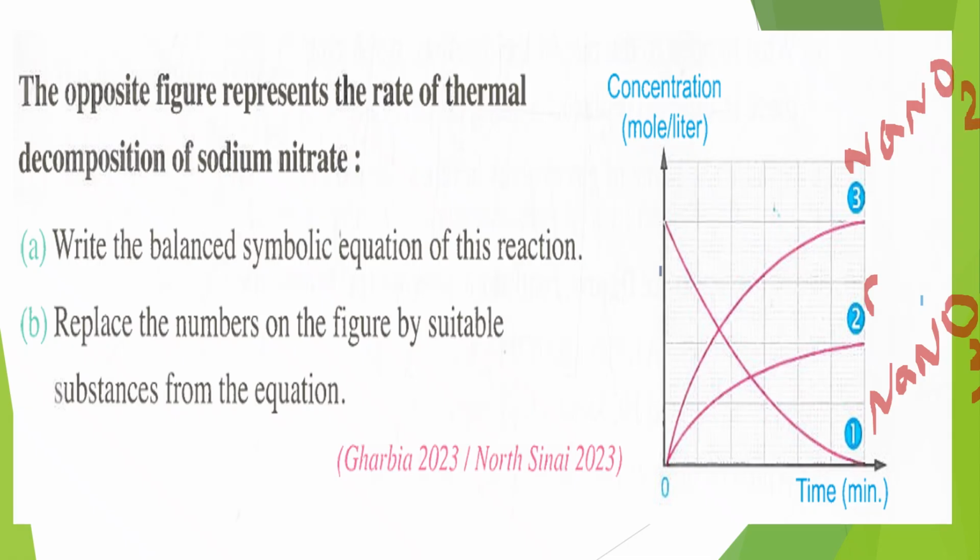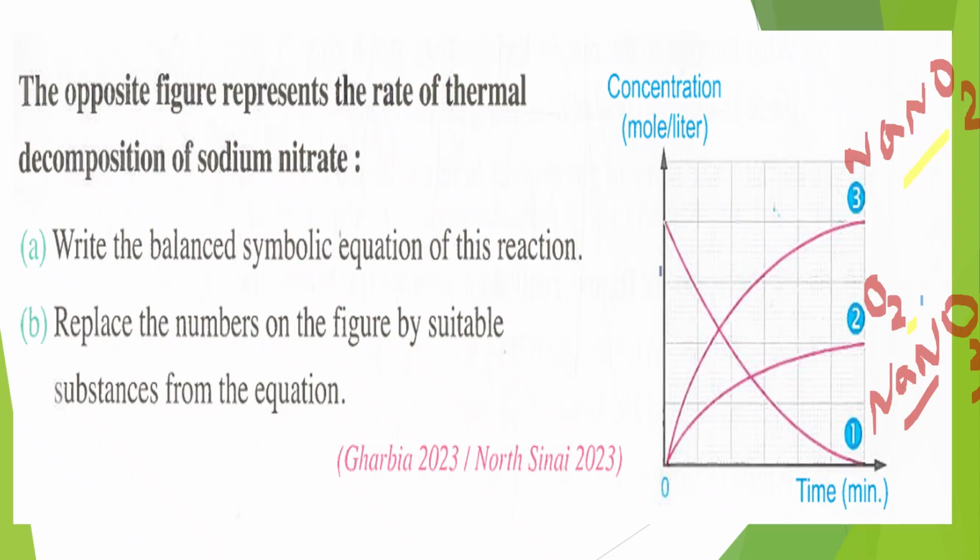Number 2 represents oxygen gas. So number 1 will be sodium nitrate as a reactant. Number 2 will be sodium nitrite. Sorry, I mean number 3 is sodium nitrite, which is the product of the thermal decomposition of sodium nitrate. So number 3 will be sodium nitrite, and number 2 will be oxygen.